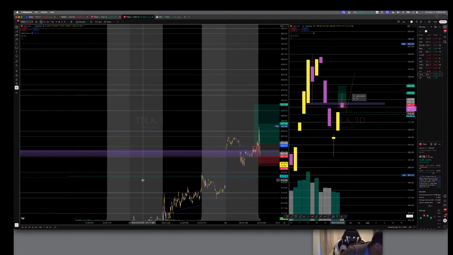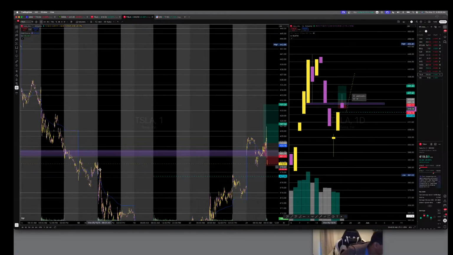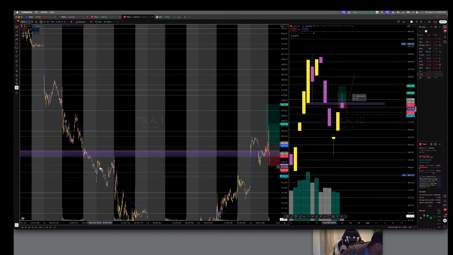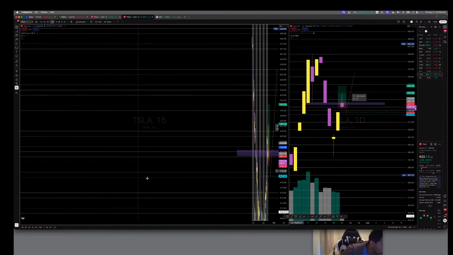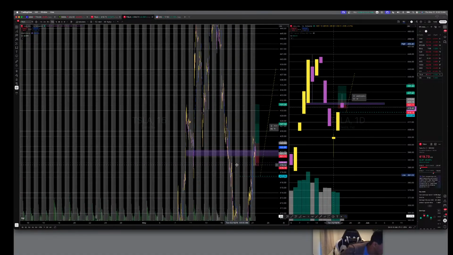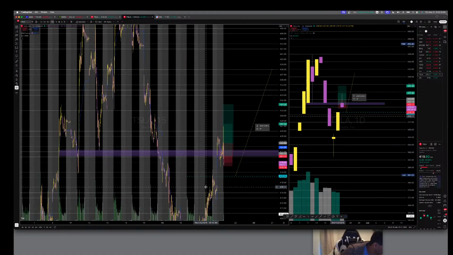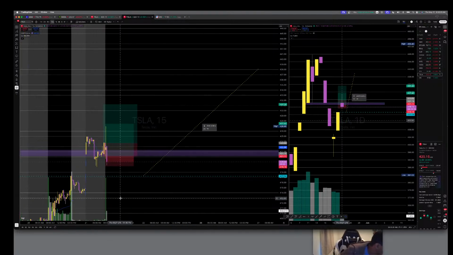For me, it's an area from here, people getting in from here, and people getting in. Let me go back to the 15-minute. People getting in from here. So from prior days, grab some here, grab some here. But anything can happen.